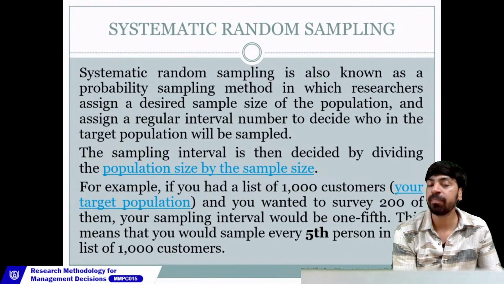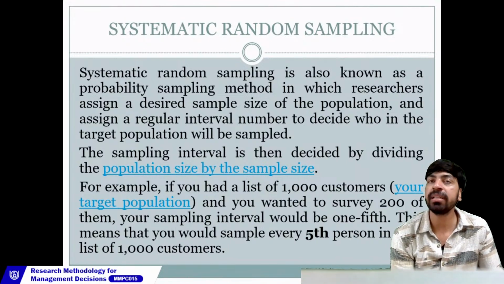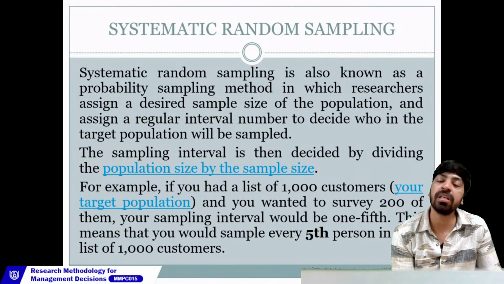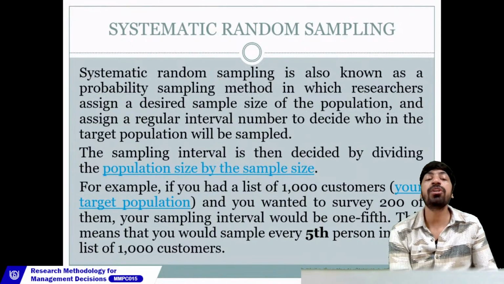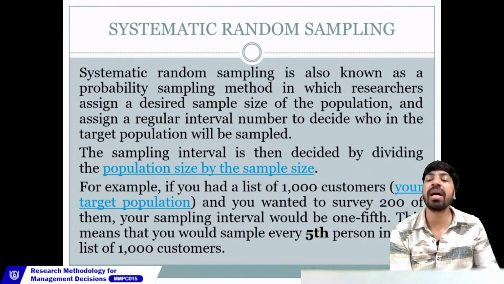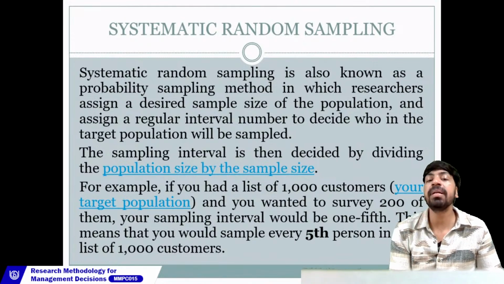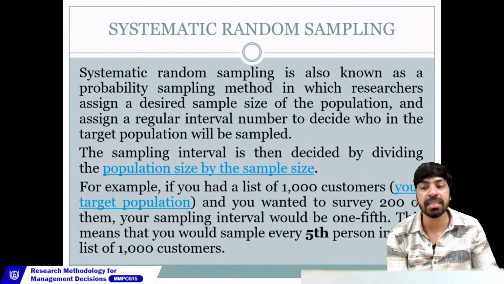For example, if you have a list of 1000 customers, that is your target population, and you want to survey 200 of them, what would be your sampling interval? The sampling interval would be 1/5. The sampling interval is a reciprocal of the numerical value that you gain from dividing the population size by the sample size.